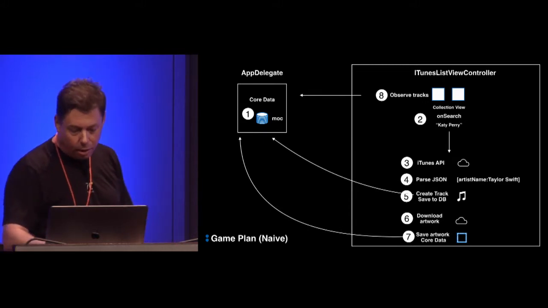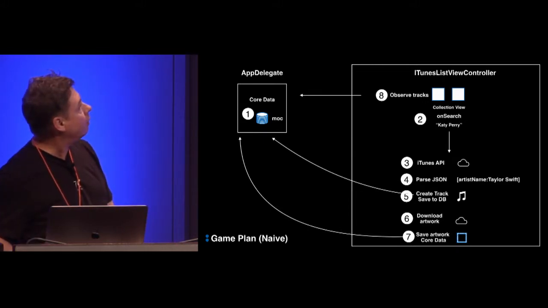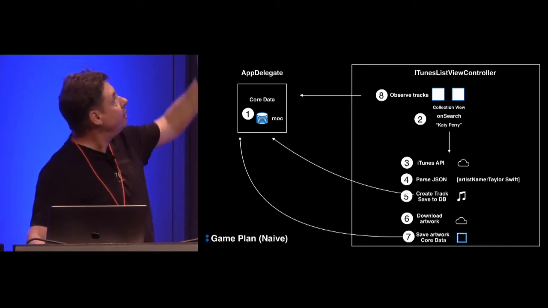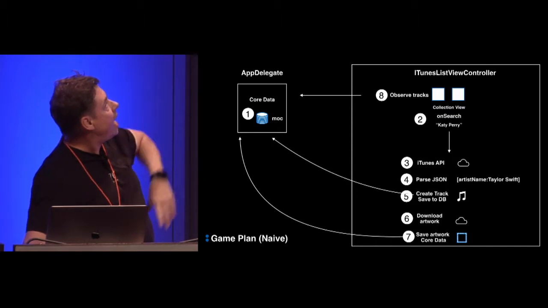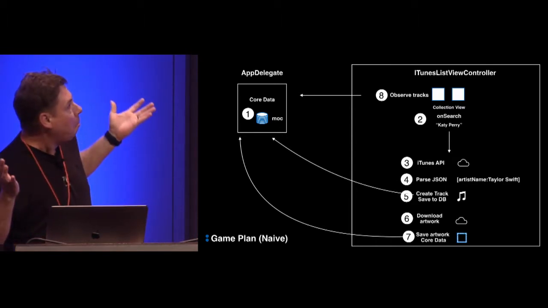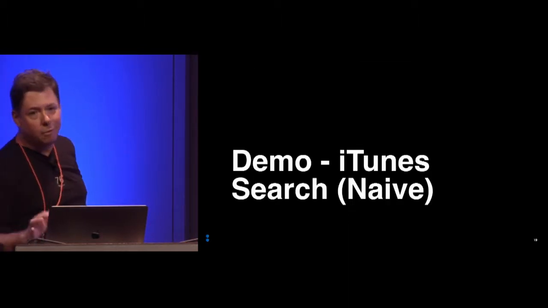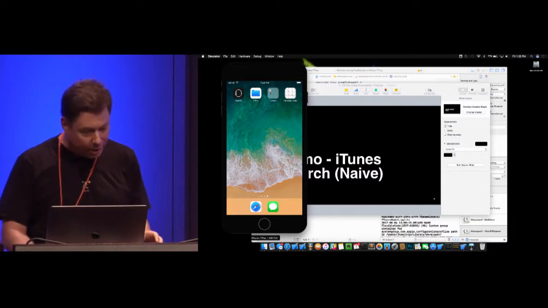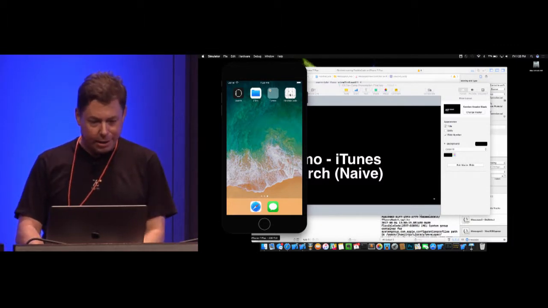And then we'll observe the track. So as the tracks are coming in and they're changing, we have an observer attached to the managed object context, and we're updating. So, it's a little bit of code in our view controller here, but let's go ahead and see if it even works.